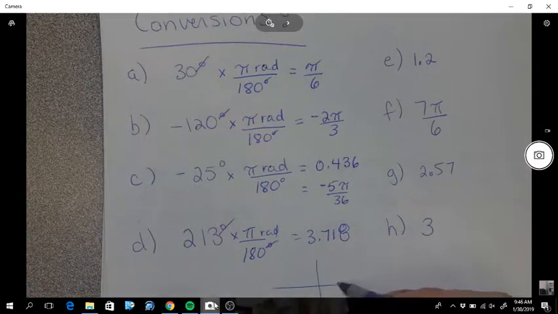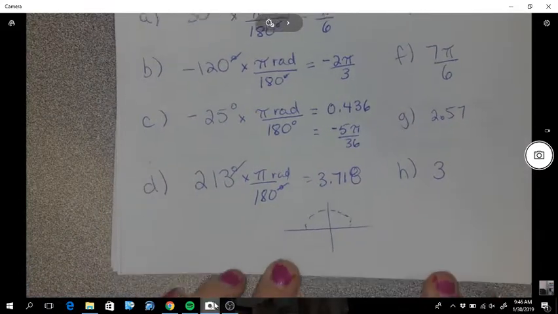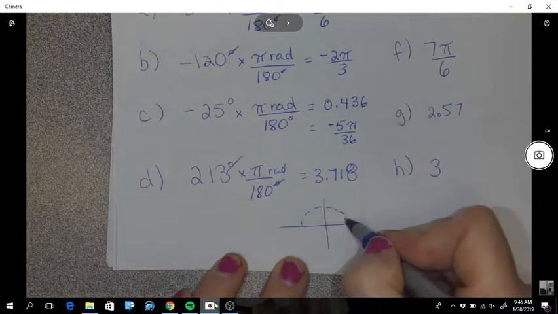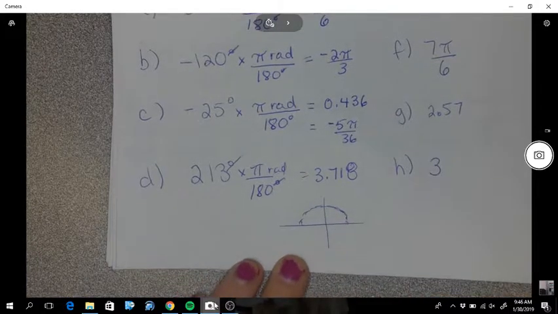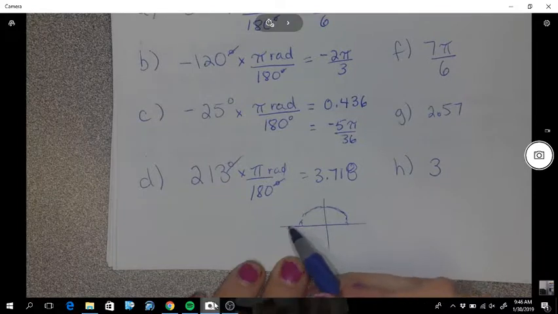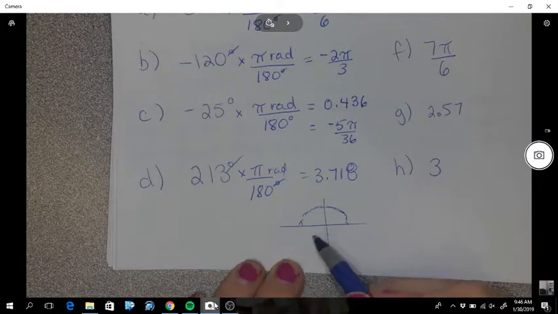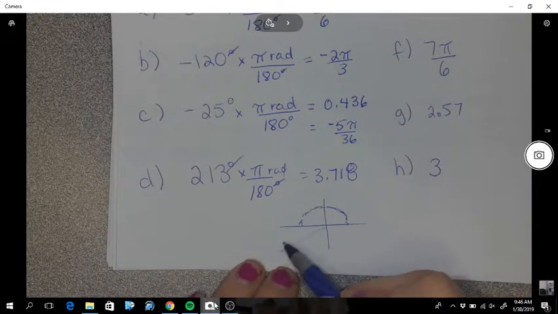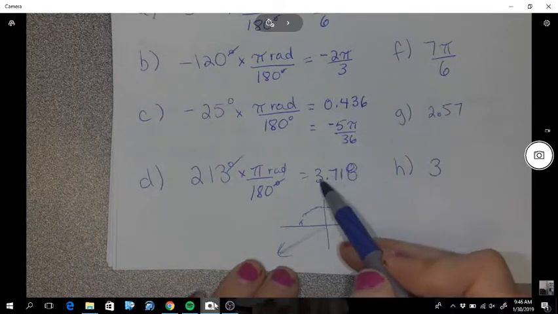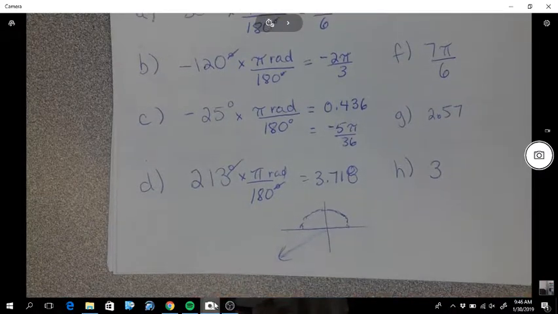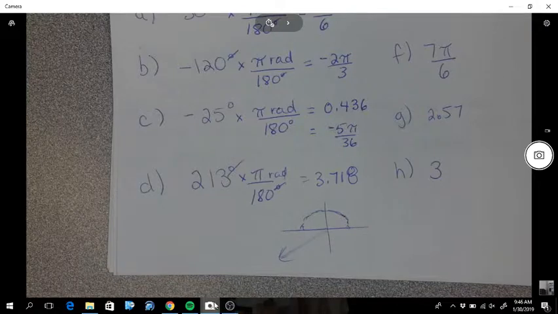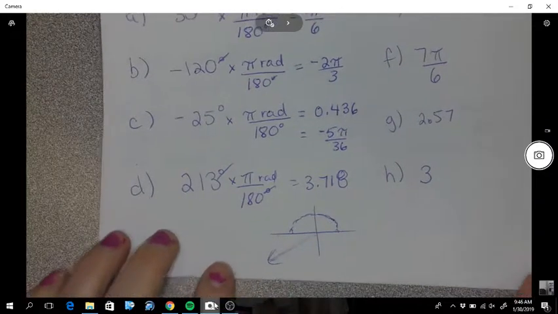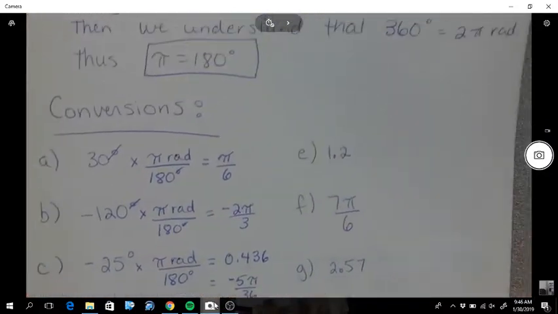And you think about pi as that angle right there, right? And then you know where 213 ends up, because this is past 180. So you kind of have an idea that this number is going to be slightly bigger than 3.14. That should connect in your mind. You should have that little bit of a reference to ask, does my answer make sense?